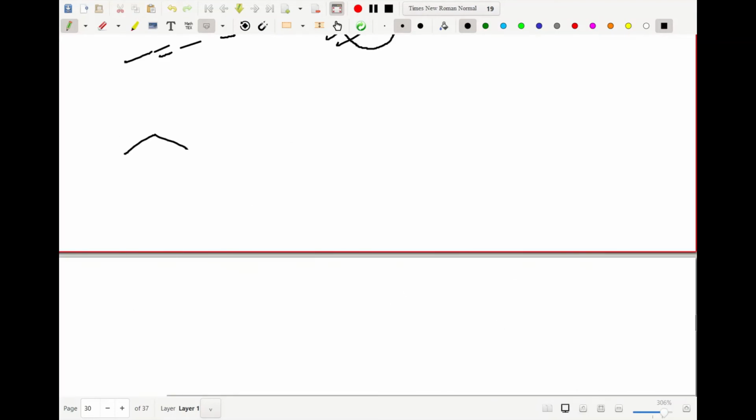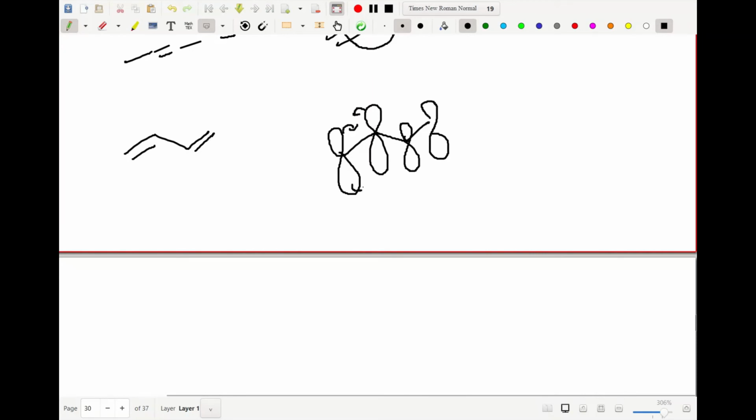So in systems like this with conjugation, of course the single bonds are made by hybridized orbitals, but we have to leave out the pure p orbitals for all the carbon atoms, so that they can undergo sideways overlap and form the pi bonds.